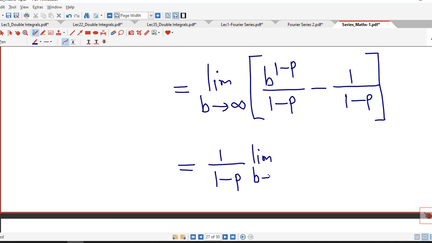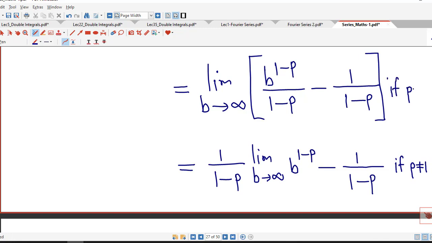So we consider the limit as b tends to infinity of b raised to 1 minus p. The term 1 over 1 minus p has limit 1 over 1 minus p because it is independent of b. And of course in all these things p is different from 1. For p equal to 1 we will discuss separately.